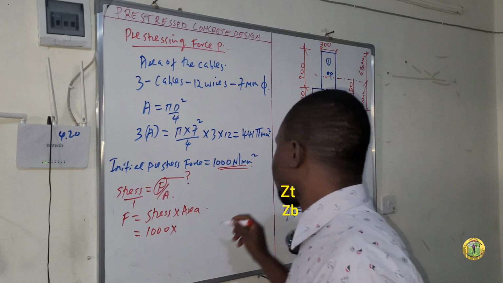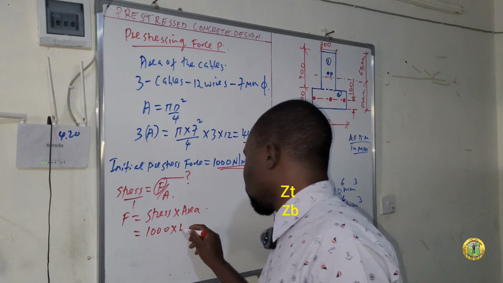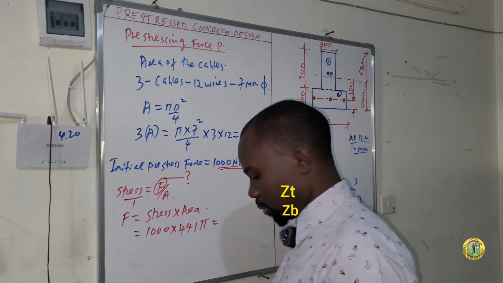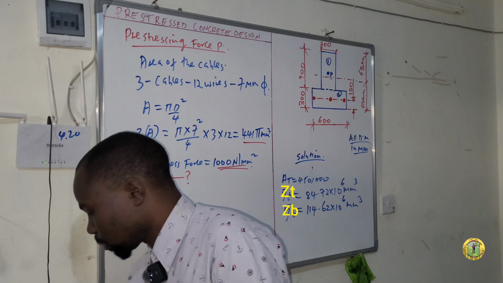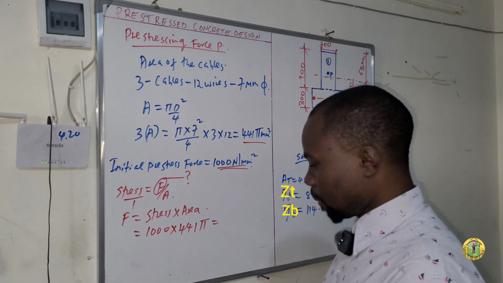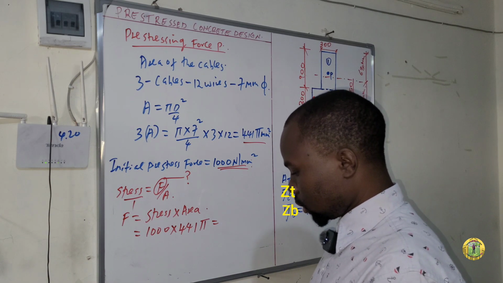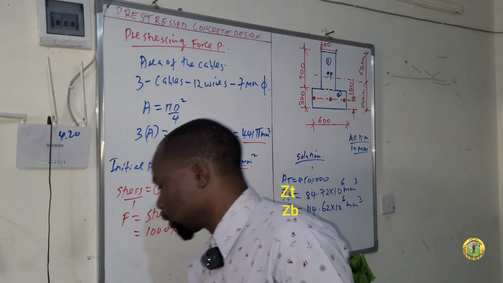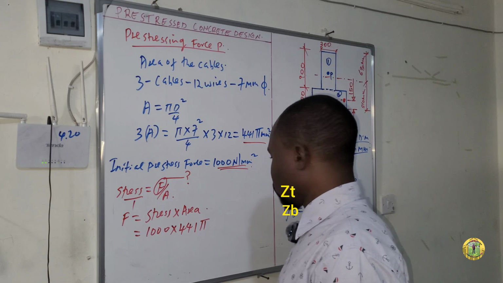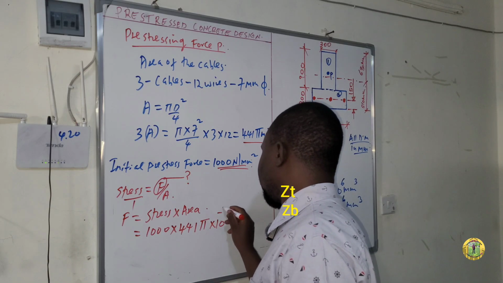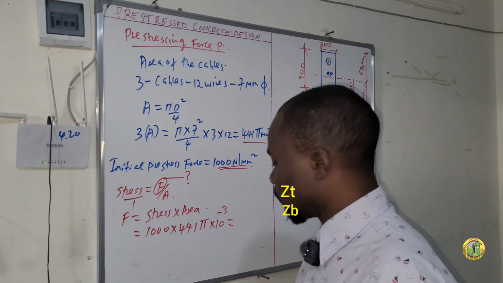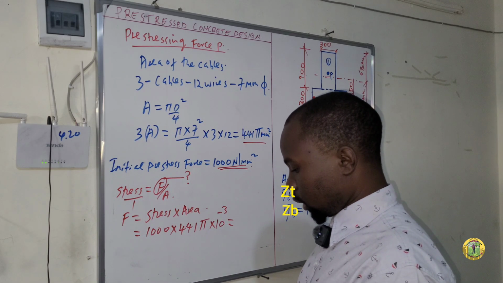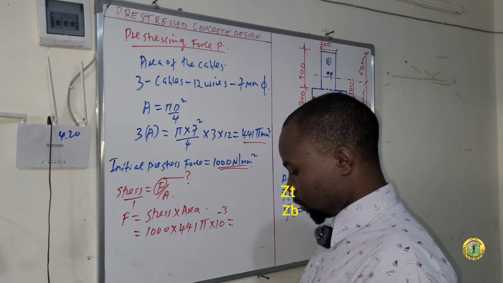Then times area, this is the area, 441 pi. So you will get this times 1,000. And then remember to multiply by 10 to power of -3 so that you can get your answer in kilonewton.